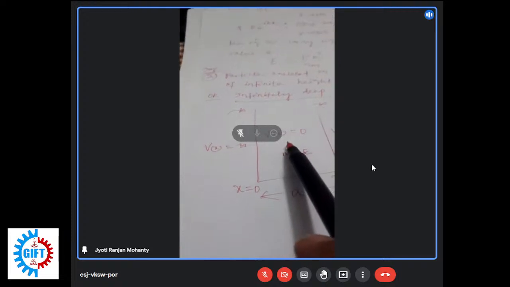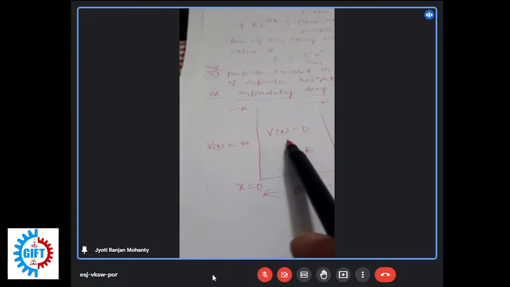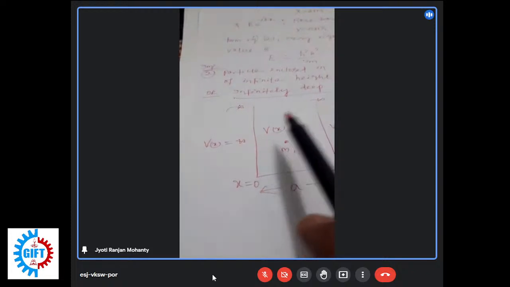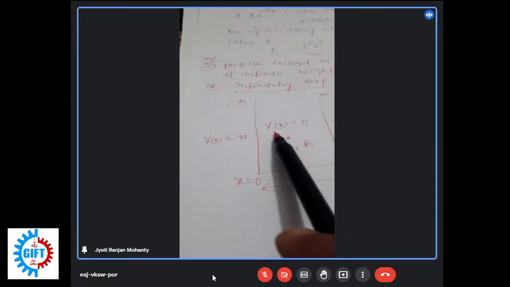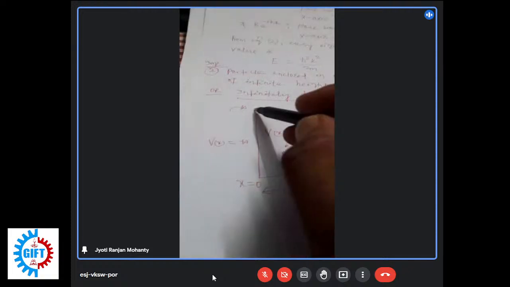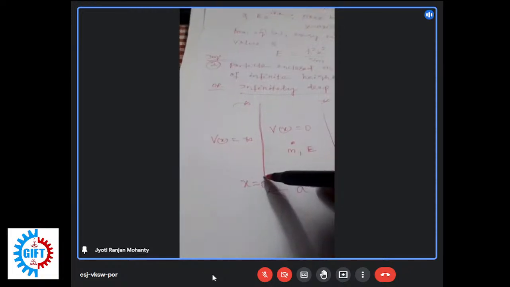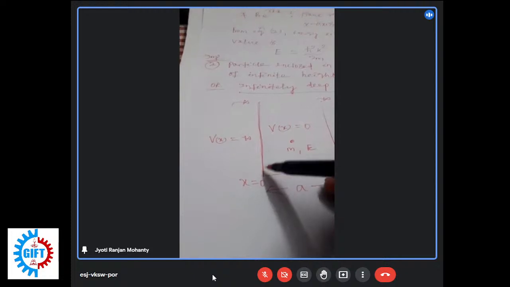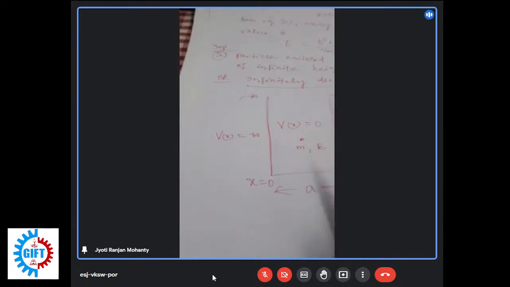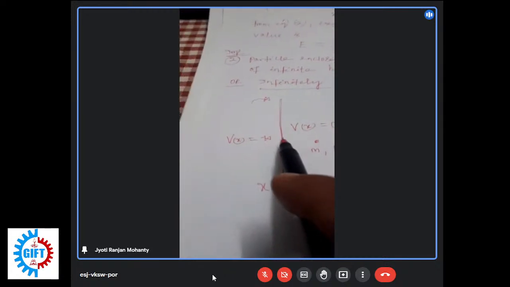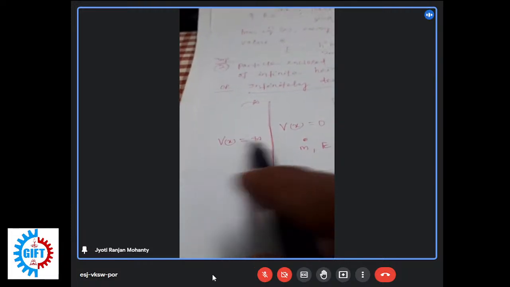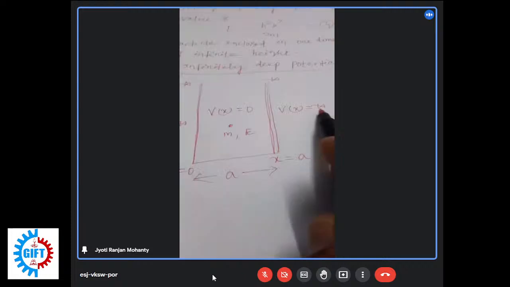So let one frog be present inside this box, always moving from one point to another. This box has perfectly rigid and elastic walls. Outside of the box, the potential energy is infinite. This is infinite, this is also infinite.